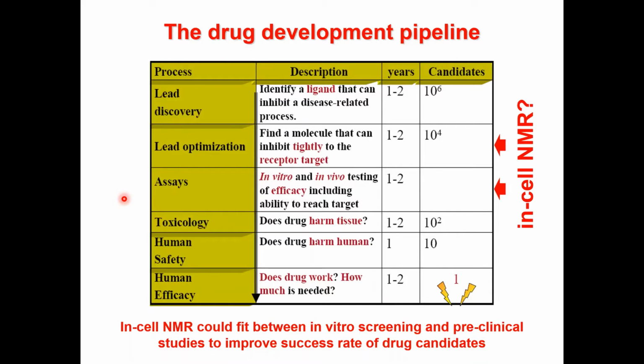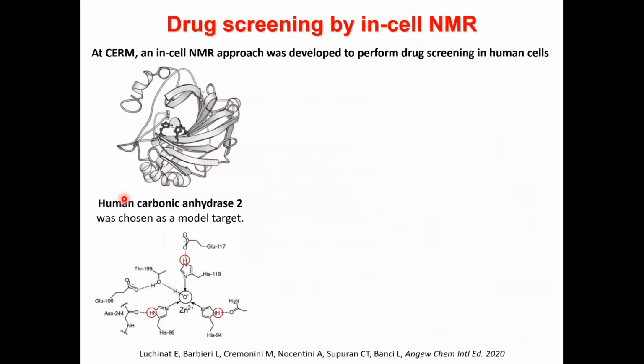There is a very high attrition rate in these steps of the pipeline, where some drugs which were very active and promising in vitro then prove ineffective in the tissues, for several reasons. So we think in-cell NMR is a very good way to approach this kind of problem and screen molecules inside intact cells.